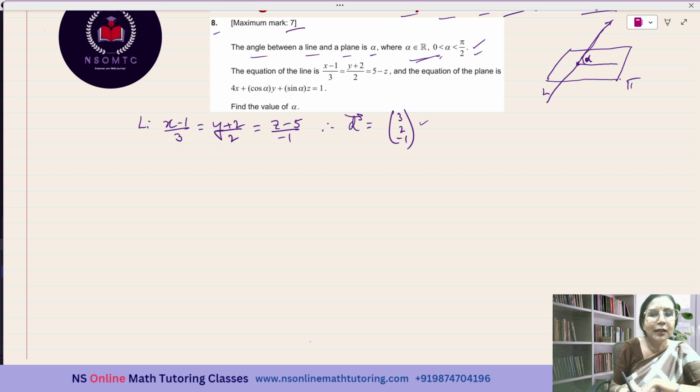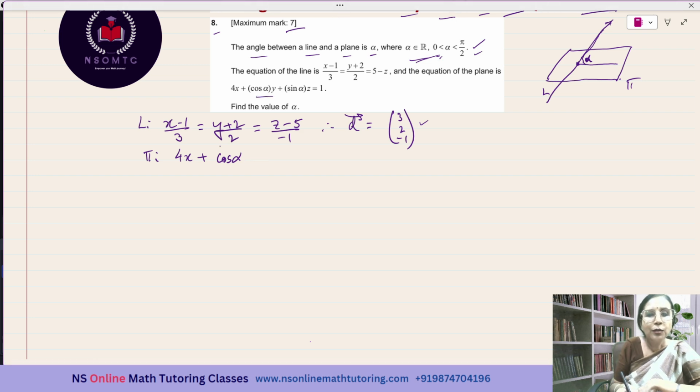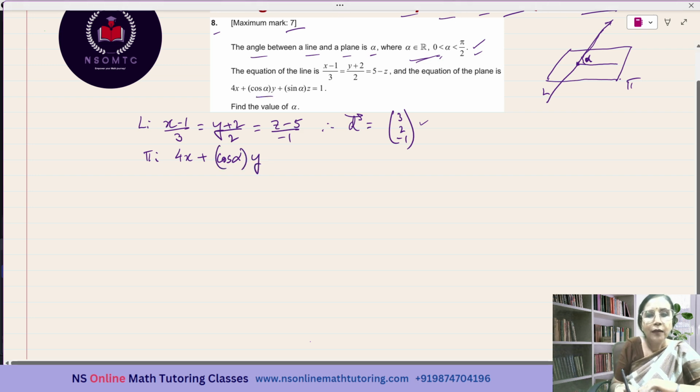This is the direction and this is the line, so you can take the direction vector in this way. For the plane, plane pi is 4x plus cos alpha y plus sine alpha z equal to 1.